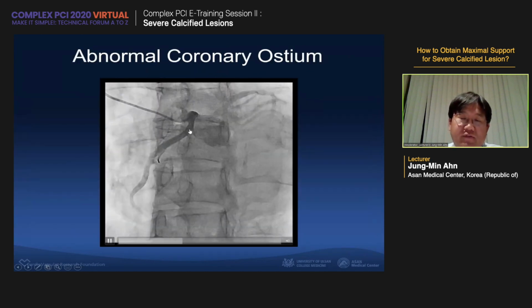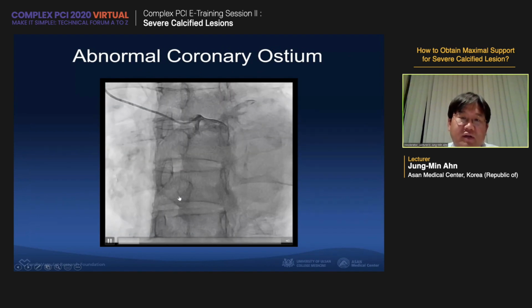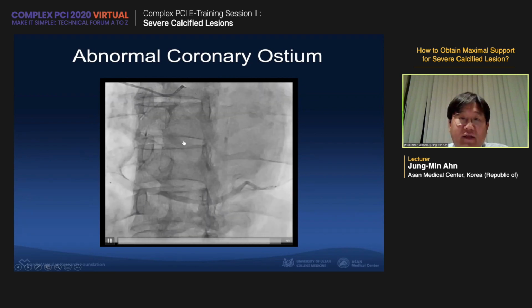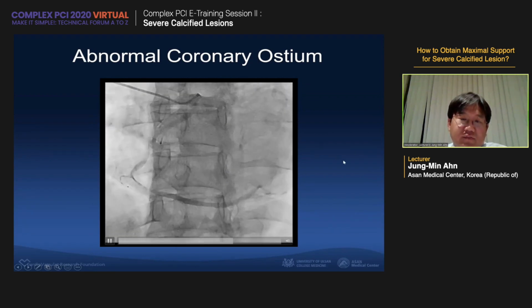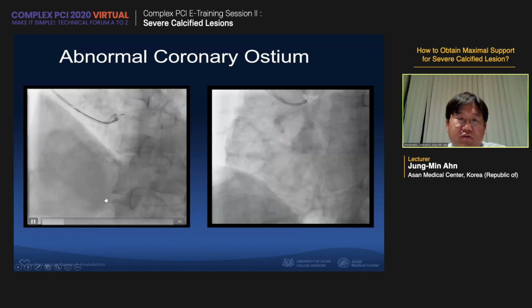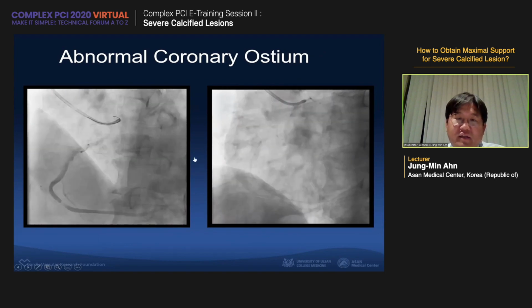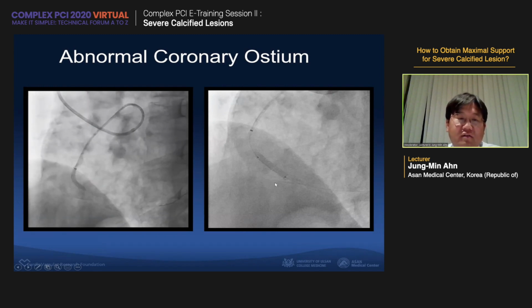But with a tortuous, abnormal coronary ostium, we cannot make a strong guiding catheter backup. So after we insert the wire and use the catheter, you can successfully treat the lesion even in the case of an abnormal coronary ostium.